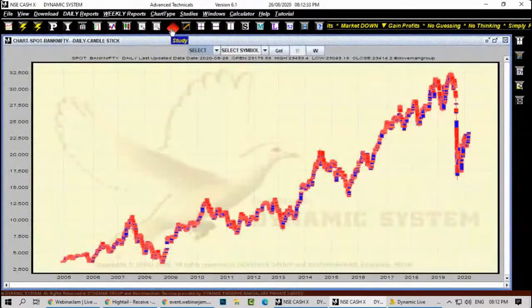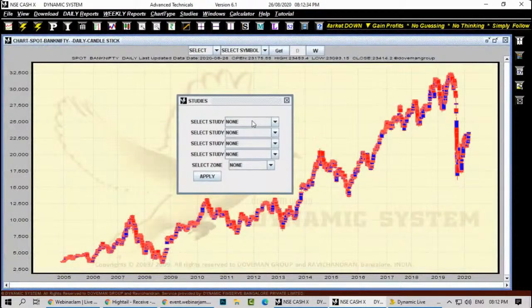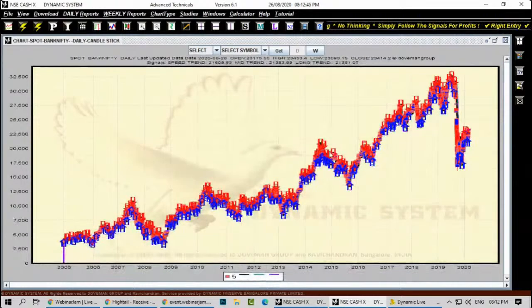So this is how I'm opening the chart of Bank Nifty. Add the main studies inside dynamic system. Now let us zoom in to enlarge the chart.